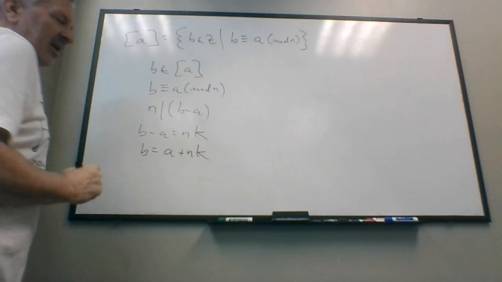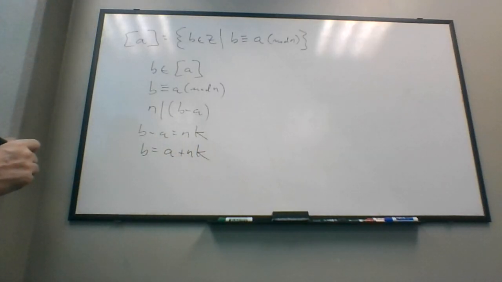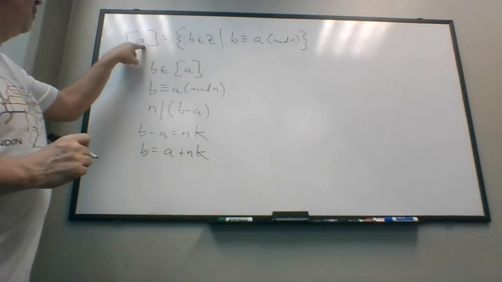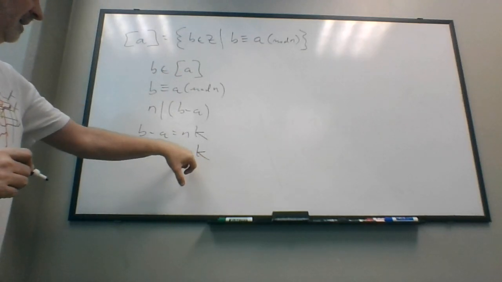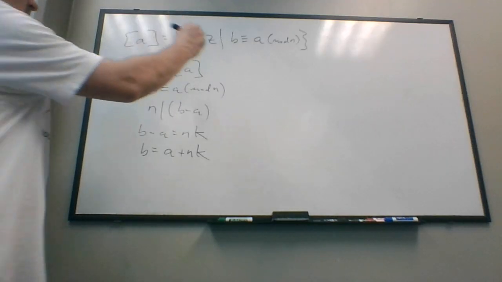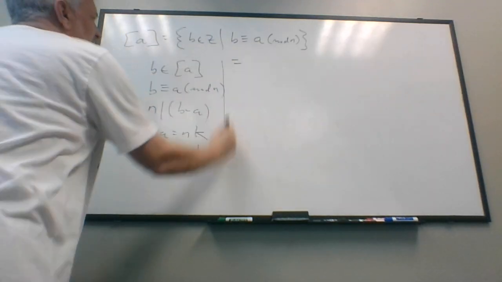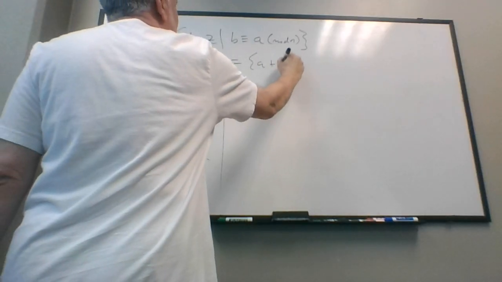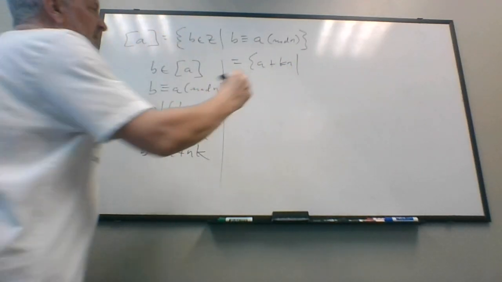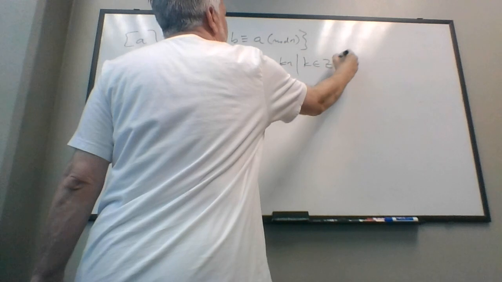We did the same calculation the other day. So if B is in the congruence class with A, B must look like this: A plus a multiple K of N. So we can actually rewrite this set. The congruence class of A is the same thing as the set of all A plus Kn, where K is some arbitrary integer.